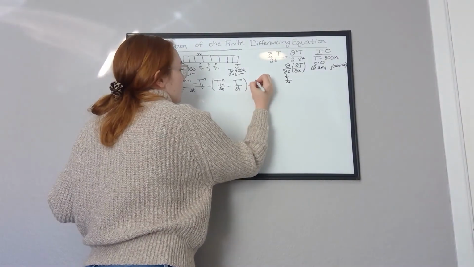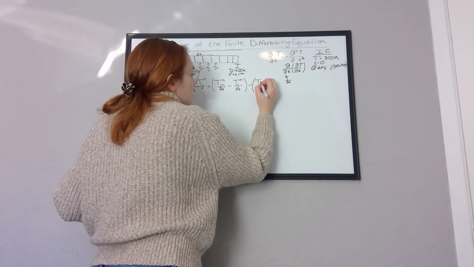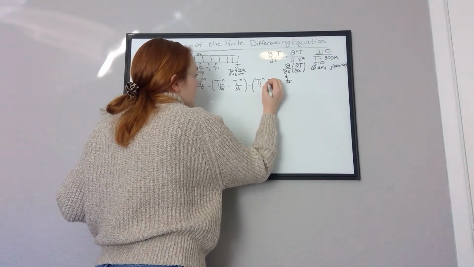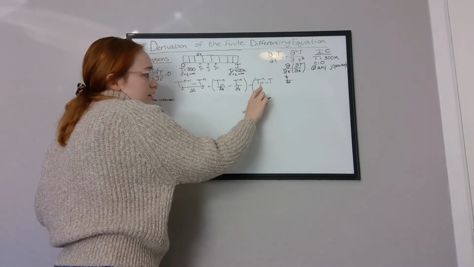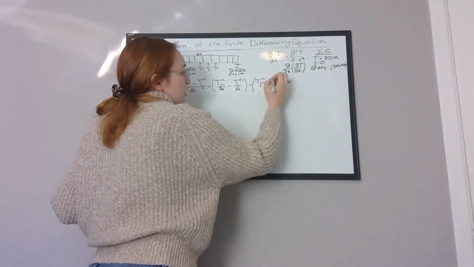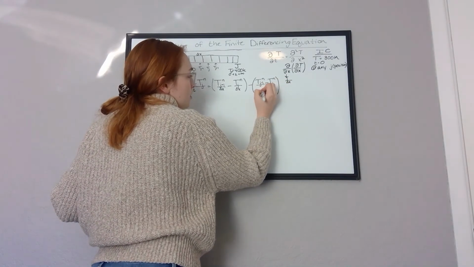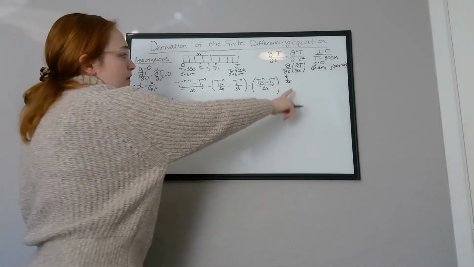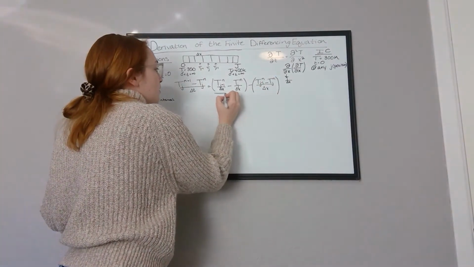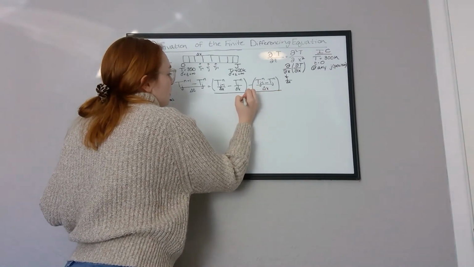So minus T of j at the end minus T of j minus 1 is the final. So minus T of j of n all over delta x. And then this other delta x, we'll put this entire term over delta x.